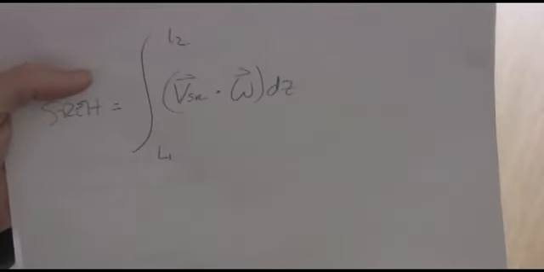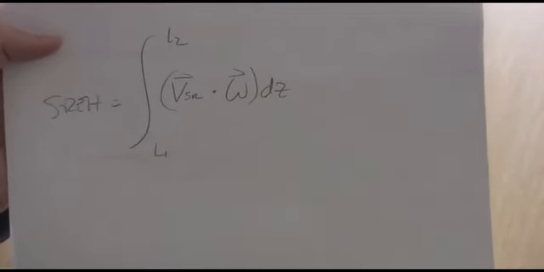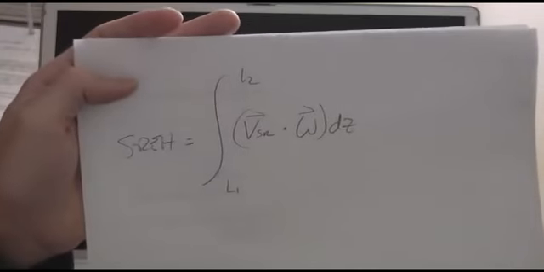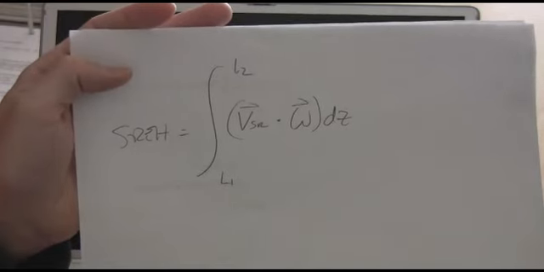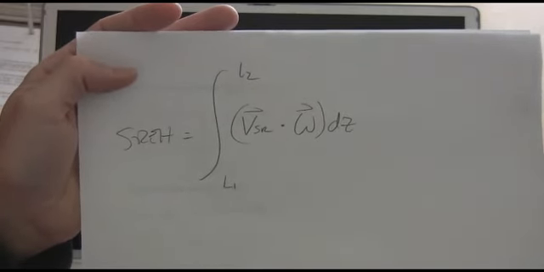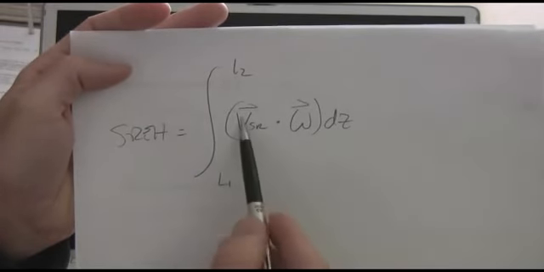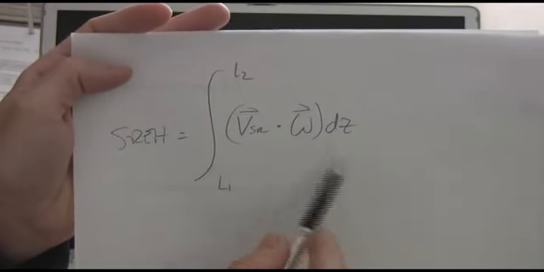Okay, the SREH is the integral from two levels, I'll just call it L1 to L2, of the vector storm relative wind, I'll call it V sub SR, the storm relative wind vector, dotted with, you could call this omega sub H. Let me write omega sub H on there.